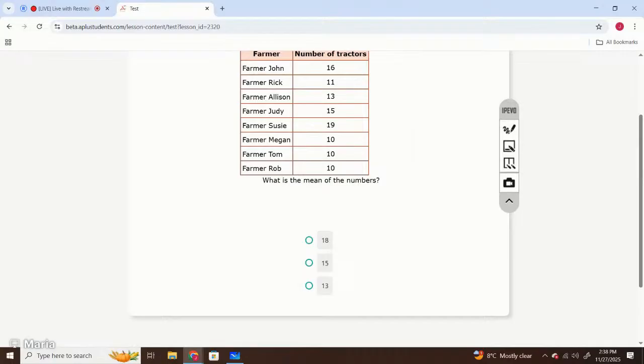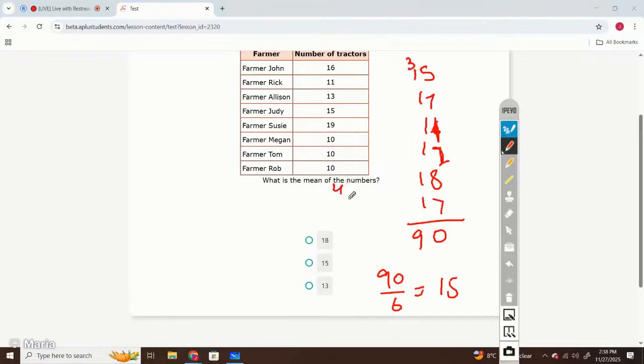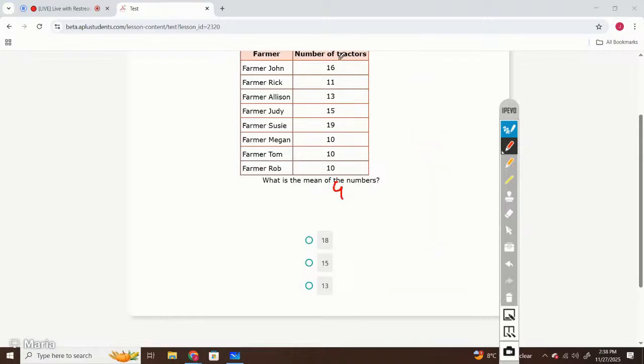What is the mean of the numbers? 6, 7, 8, 9, 10, 15, 24. We have 4 here, 2 carry. 2, 3, 4, 5, 6, 7, 8, 9, 10, 104 it is.